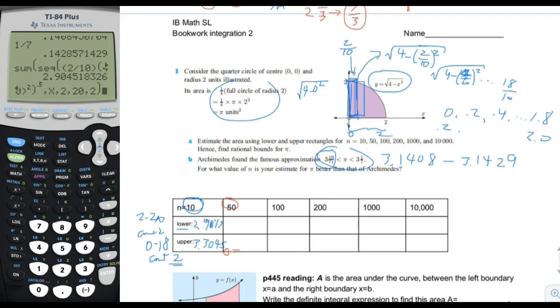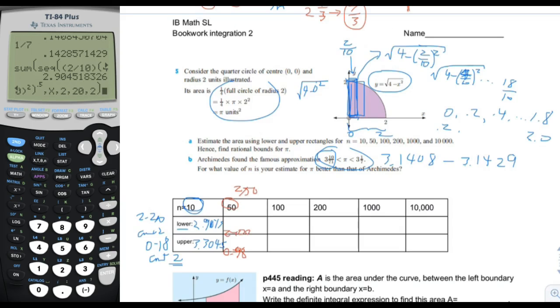Here the width is going to be 2 divided by 50, and we're going to be counting from 0 to 98, and here we're going to be counting from 2 to 100.